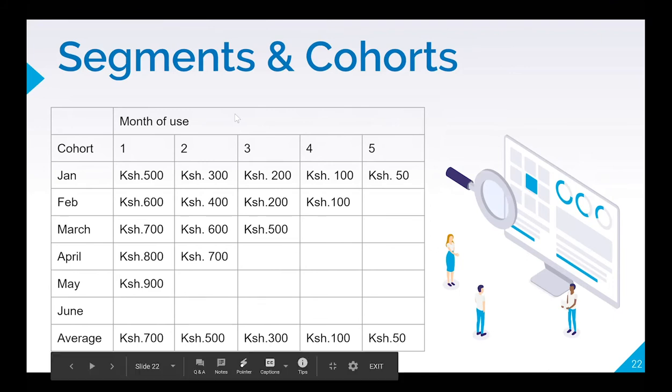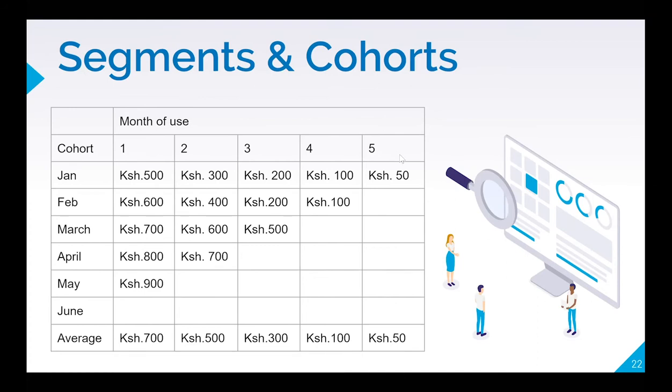So what we are trying to say is that we have cohort 1, which is the people who joined in January, and cohort 5 would be, for cohort 1, we are looking at the months of use. So we have month 1, month 2, month 3, and so on and so forth. So do we see something here? Do we see something interesting here?